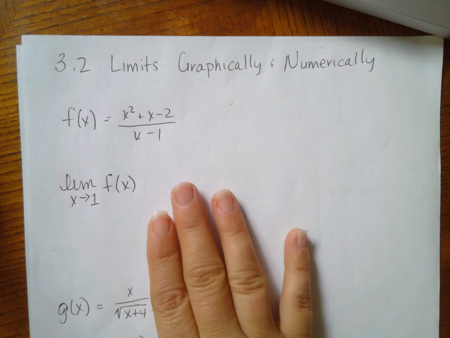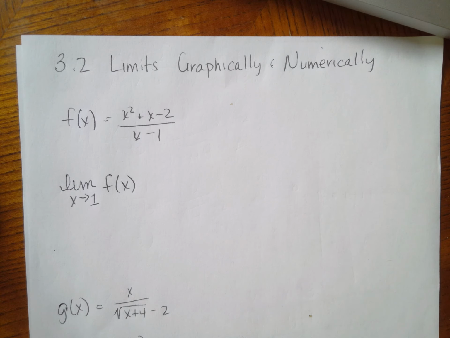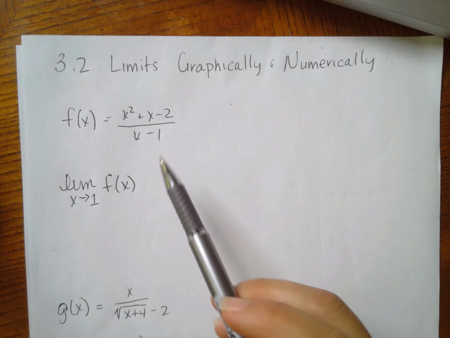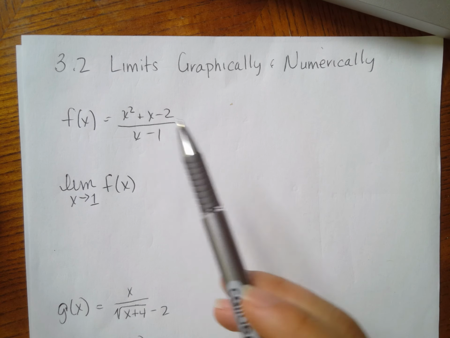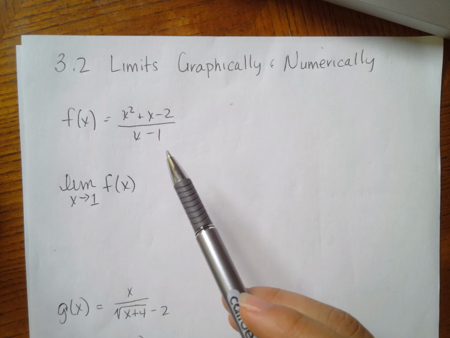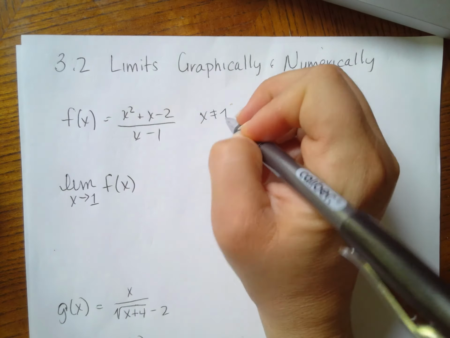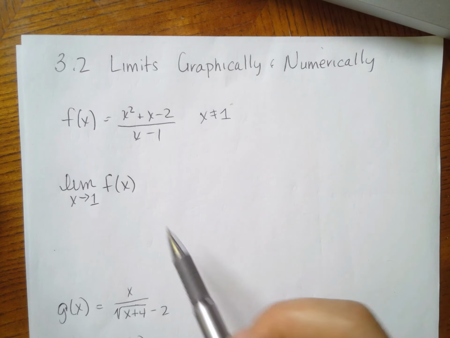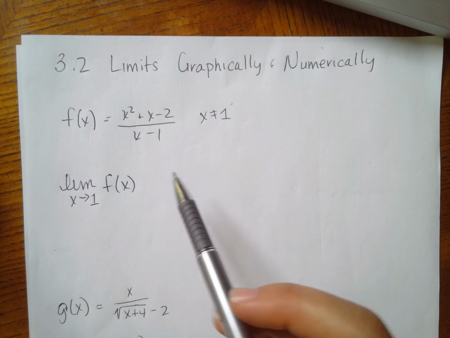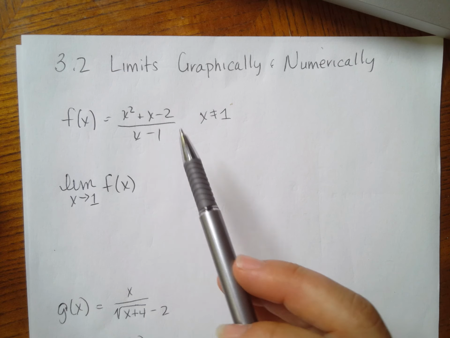Okay, so when I look at f here, I have x squared plus x minus 2 over x minus 1. I know, because we've talked a lot about domain restrictions, that x cannot be 1, right? So my domain restriction here is that x cannot be 1. But what a limit does is say, okay, 1 will be an interesting place.